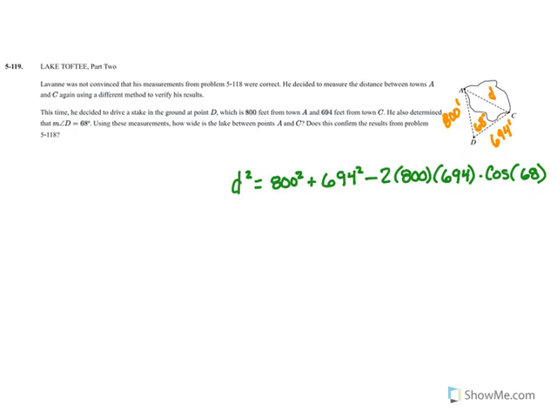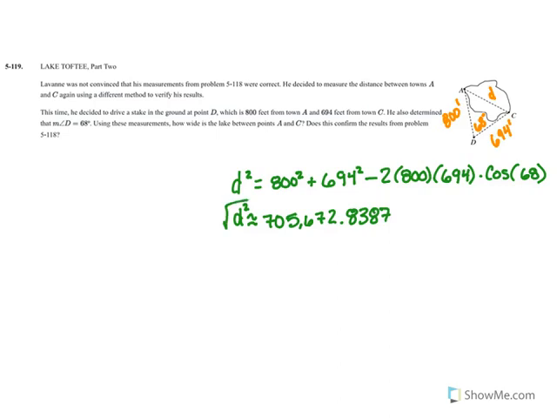Times 2 times 800 times 694 times the cosine of 68. That is a really big number. So D squared is approximately 705,672.8387.